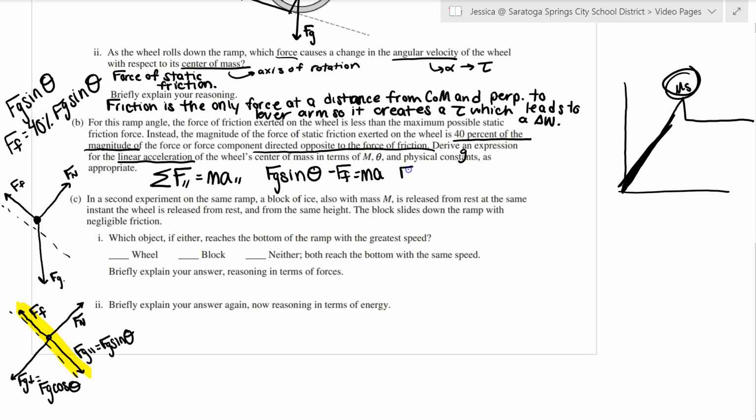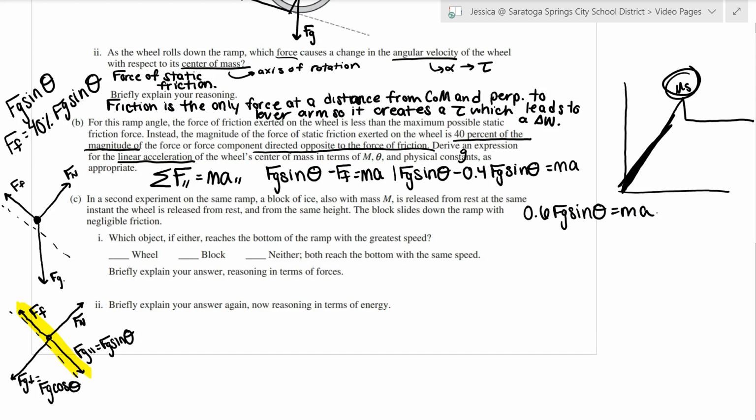Well, how am I going to represent that in equation form? Remember, all percents can be written as decimals. You just divide the percent by 100. So I have 1 Fg sine theta minus 0.4 Fg sine theta, which gives me 0.6 Fg sine theta equals ma.